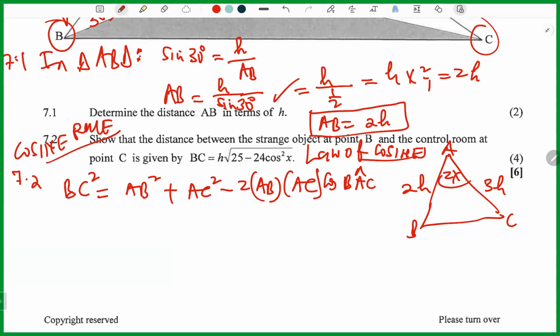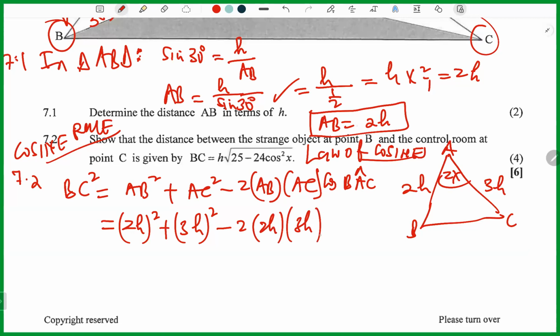Okay, so we continue with this. Now you have AB, which is the same as 2h. You square this one, and AC is 3h. You square these two, into AB, which is 2h, AC is 3h, cosine of twice x.